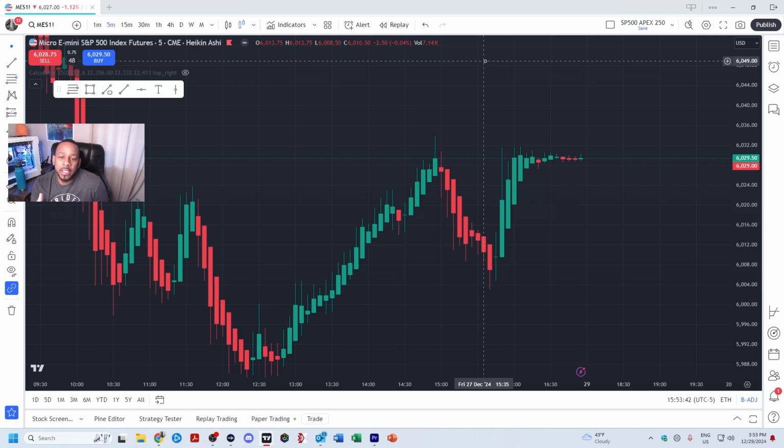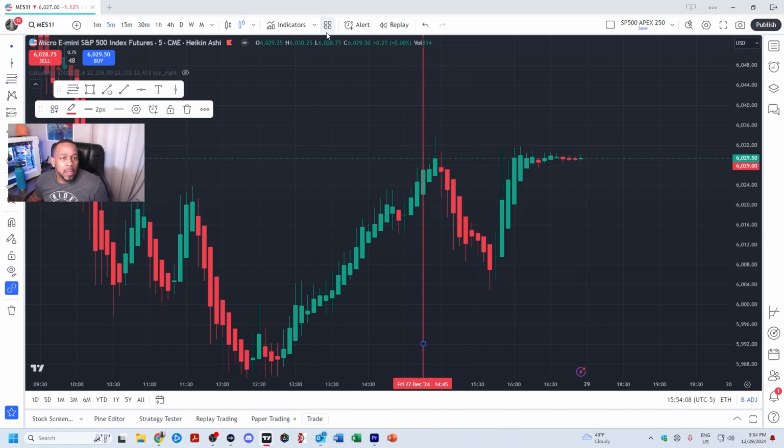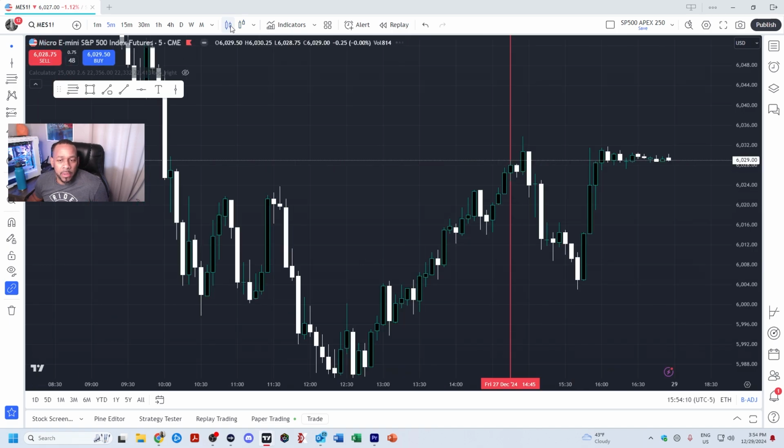The reason why I do that is because this is the average move of a candle on the time frame you're entering. If you are too aggressive and set your trailing stop right behind here, like a couple ticks, 9 times out of 10, let's go off the Heikin Ashi real quick, right back to the regular candles. 9 times out of 10, you see how close this candle is to getting stopped out.